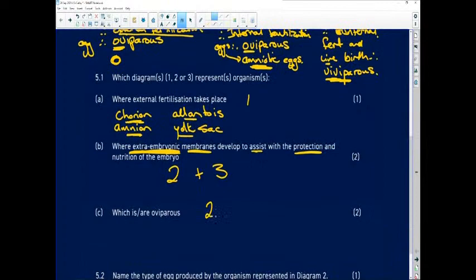And just by the way, remember that ovoviviparous is a combination of egg laying and live birth. So in ovoviviparous, the female actually lays eggs which are fertilized inside her, so you'll have internal fertilization, and the eggs grow, so they've got a very thick membrane structure, not a shell as such, and the little embryos, plural, will develop inside an oviduct, which is like our oviducts in humans, our fallopian tubes.